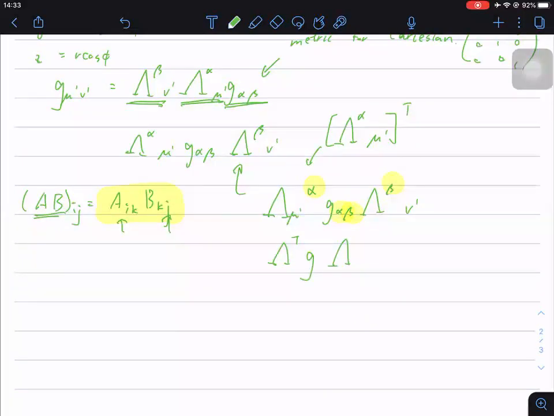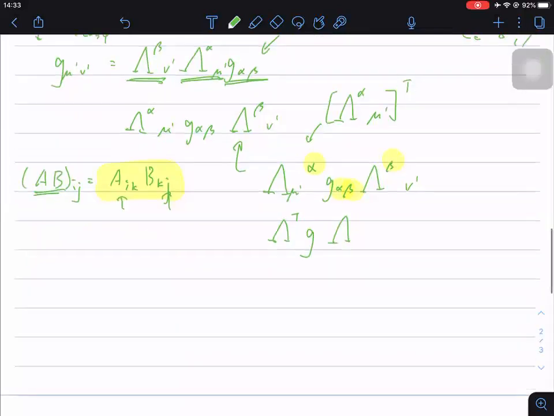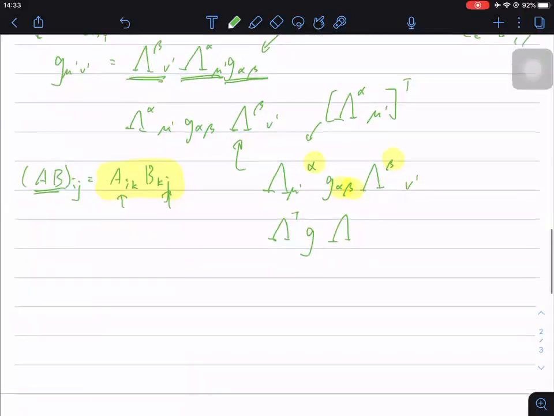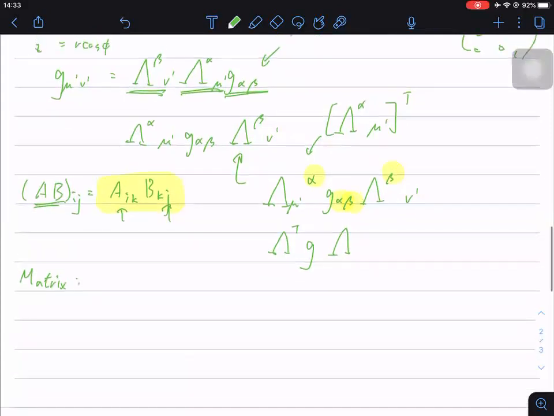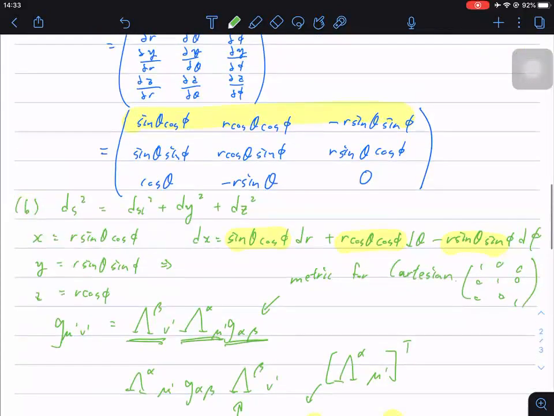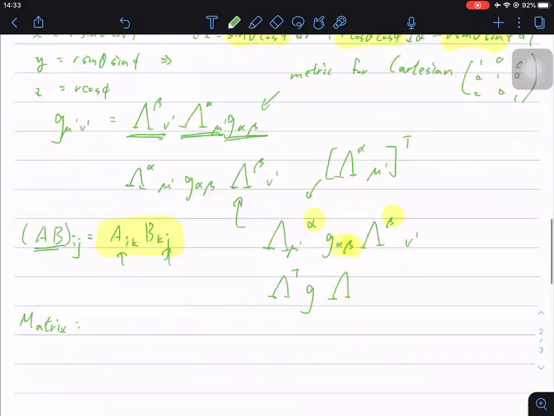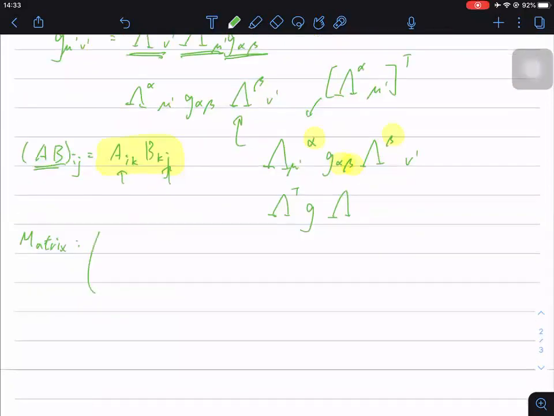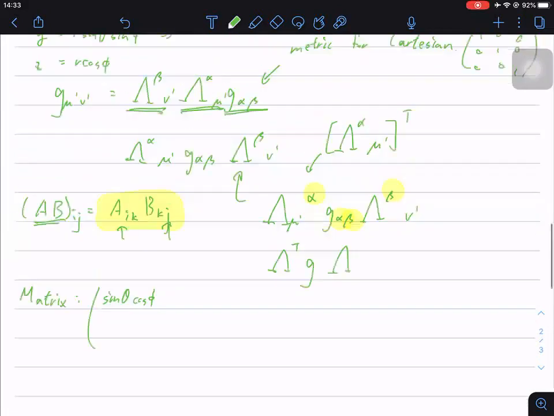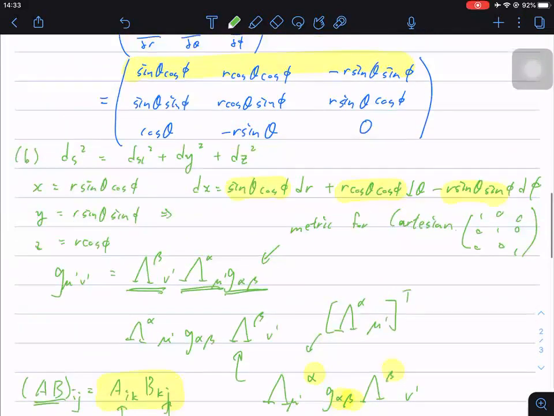Okay, so let me do it in both ways. Let's try the matrix representation first. For the matrix one, the original one is chi theta cosine phi. Let me just copy it.